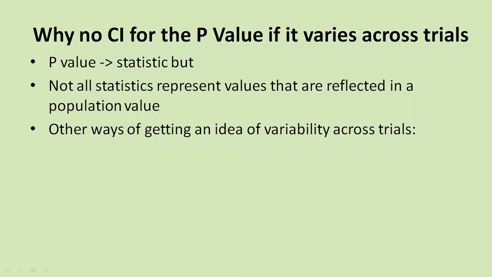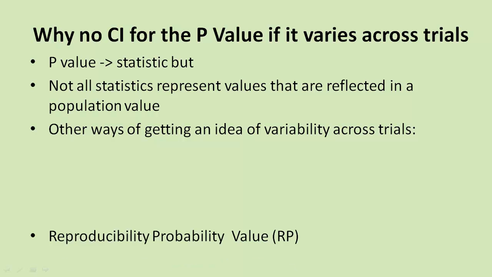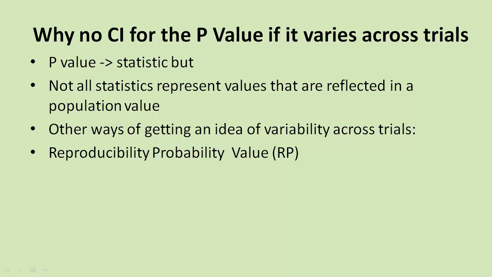Fortunately, there are ways of getting around this with the idea of expected variability of the p-value across trials, which I will discuss quickly here, but in much more detail in the next session. It is possible to calculate a thing called a reproducibility probability value, which works in a similar way to a confidence interval.